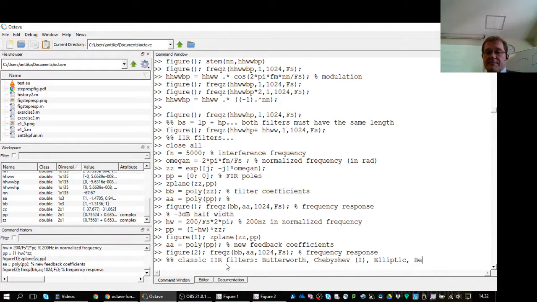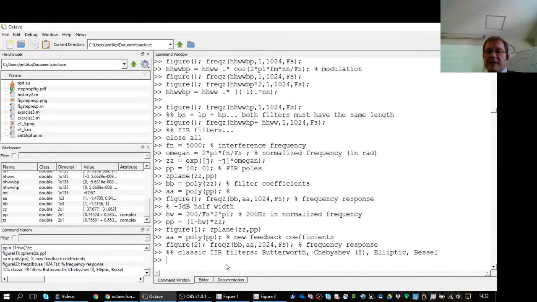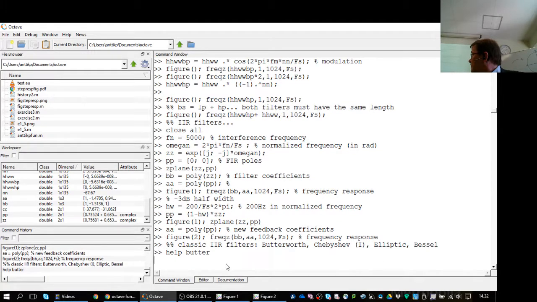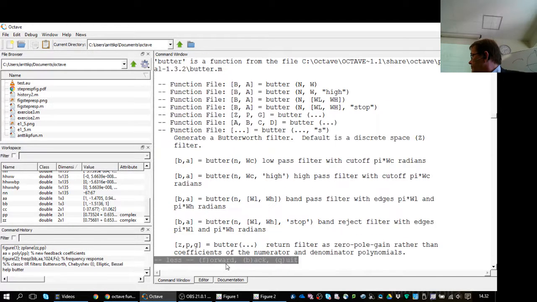And there's Bessel also. All of these have different generating algorithms, but let's take a quick look at the first one. The Butterworth filter design function is called butter. Good. So generate a Butterworth filter.